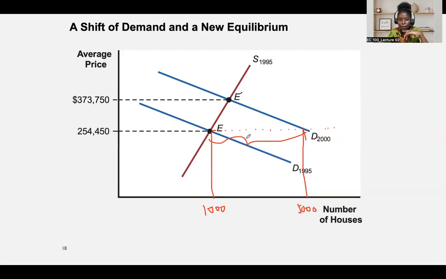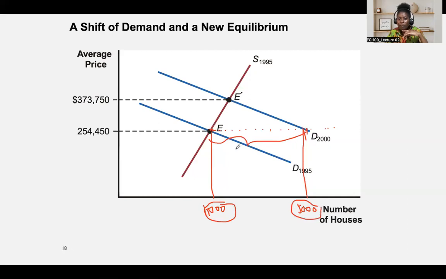The houses on sale by the suppliers, the house owners, is 1,000 units. Suppliers are supplying 1,000 units, but buyers, people who now have incomes, there are 5,000 people willing to buy.